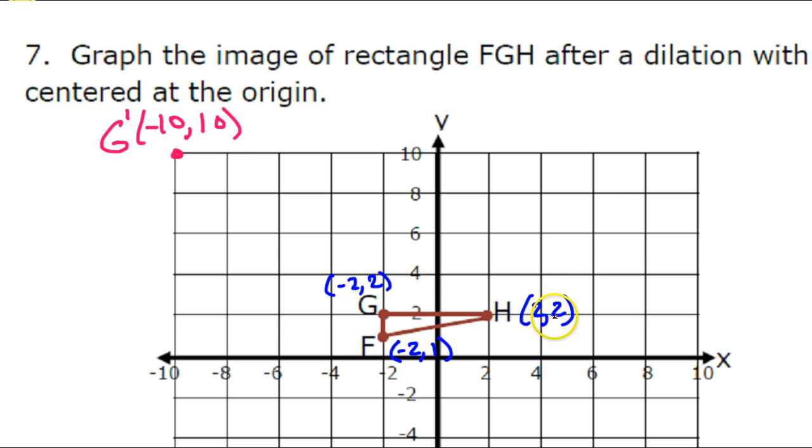Okay, multiplying this by 5 will be 10, 10. So that'll be my H prime. And multiplying this by 5 will be -10, 5. Okay, so that'll be my F prime.